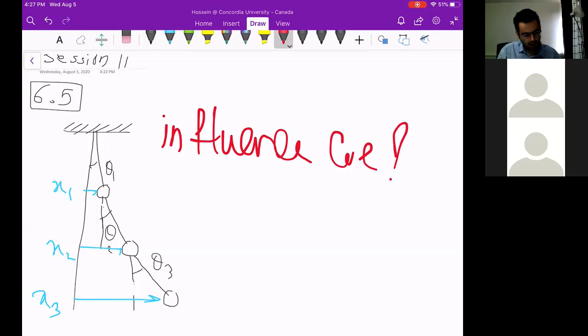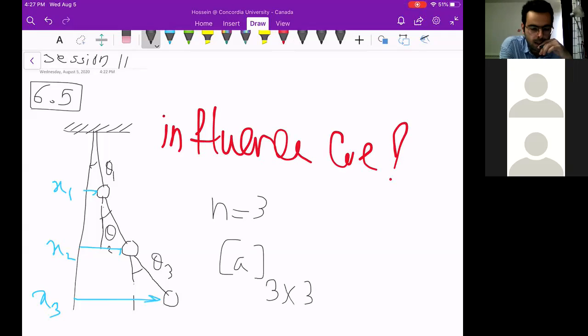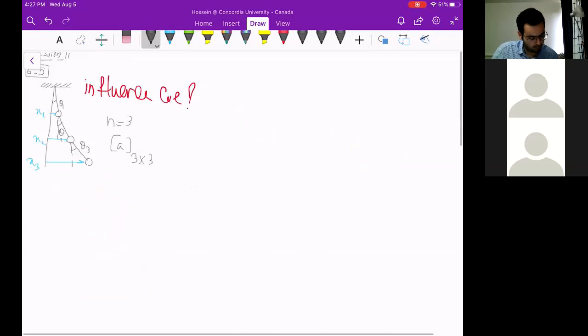So at first step, you have to determine the number of degrees of freedom. So here n is 3. Therefore, A would be 3 by 3. So influence coefficient, that means find A, right? Exactly. Let me write it as you mentioned.